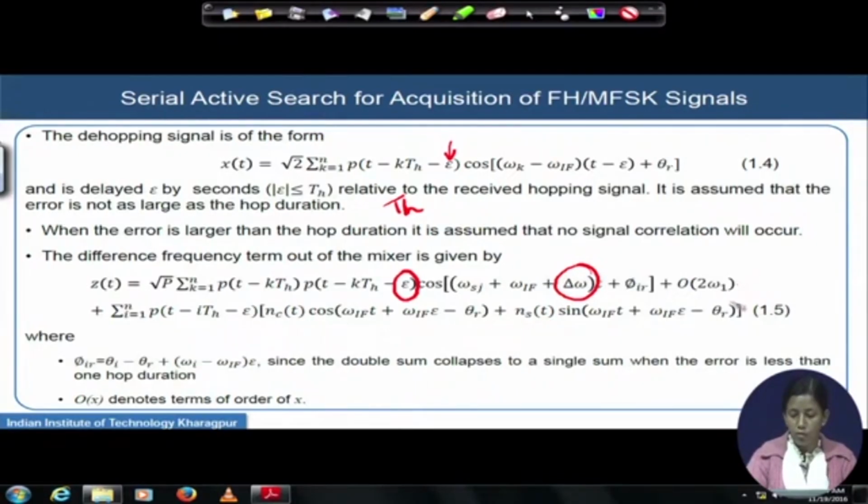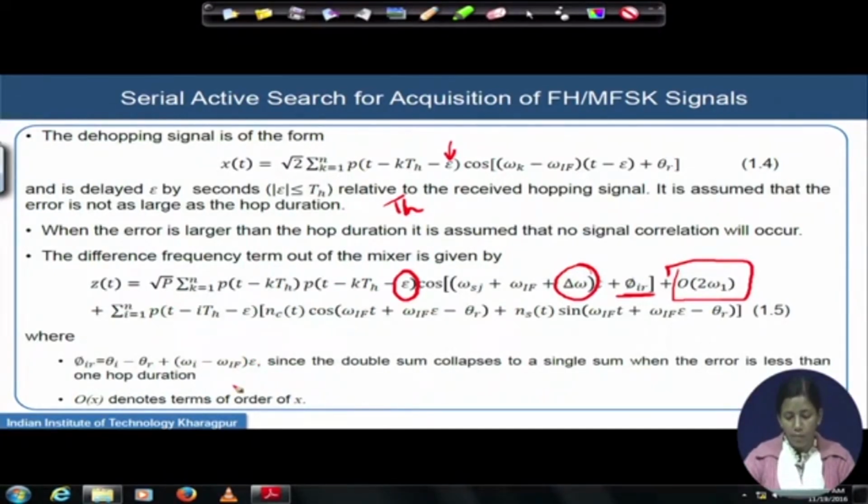We also have a new term here, O(x), which denotes a term of the order of this x. And remember this phi IR that we are seeing here is the equivalent error in the phase. It is given by theta I minus theta R, the phase associated with the ith hopping and the received phase, plus omega I minus omega f multiplied by the epsilon term.